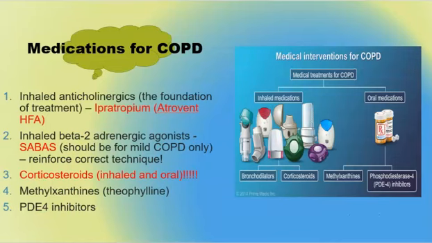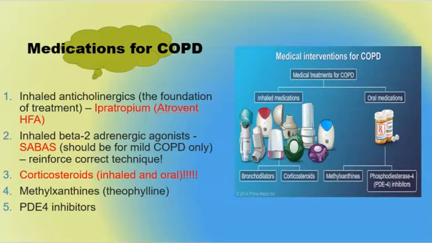So what are the medications for COPD? Well, you got a bunch here. And you should know the basics of these. That's all that I'm asking, okay? You have inhaled anticholinergics, which is basically Atrovent, the foundation of the treatment, okay? And then you have inhaled beta-2 agonists, the SABAs, okay? Corticosteroids, that's a really hard word to say.